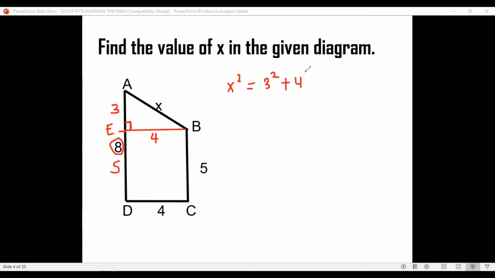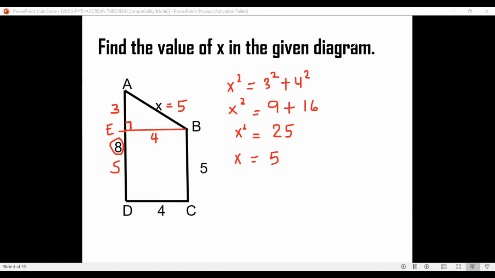So we have now x squared is equal to 3 squared, which will give us an answer of 9, and then 4 squared is equivalent to 16, and adding now your 9 and 16, the answer that you will get there is equal to 25. Now there is a need for us to extract the square root of both sides. Therefore, the answer that we will be getting here is equivalent to 5. Okay, so that is the measure for your side x, or the length of your segment AB.